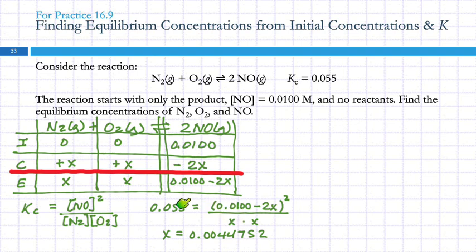This guy has 3 sig figs, that guy has 2. Were you able to get that number? Takes a lot longer if you use the quadratic equation.